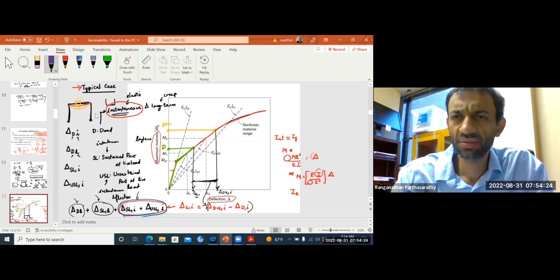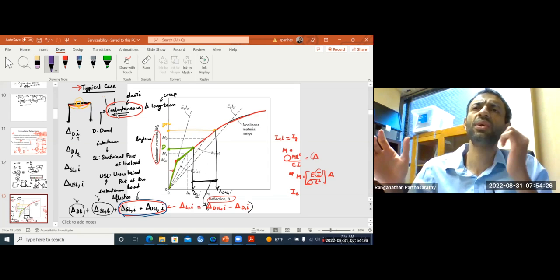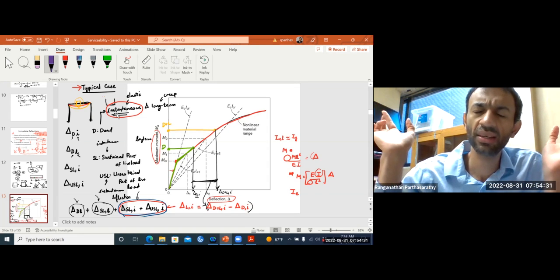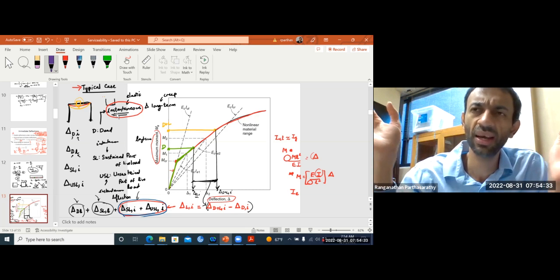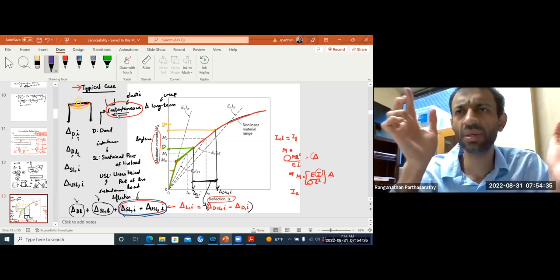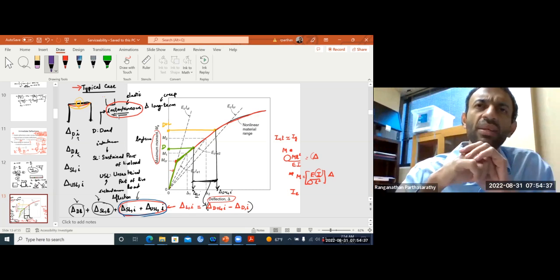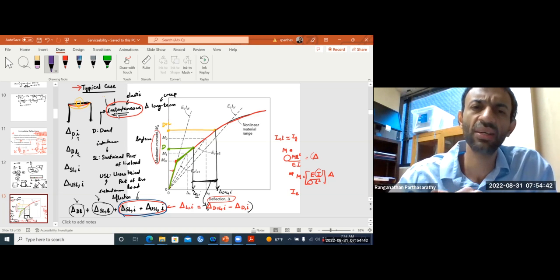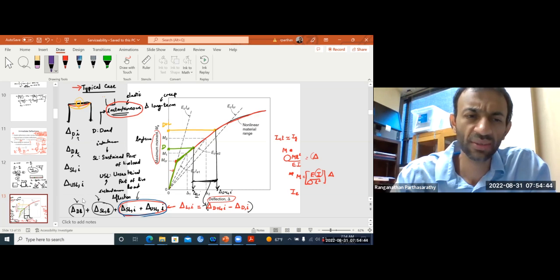Now, what is the deflection that you need to consider, especially for the effect of any live load, which of course is coming in after the structure is already built? That is everything over and above the elastic deformation due to dead load. Okay, so how do you calculate that?